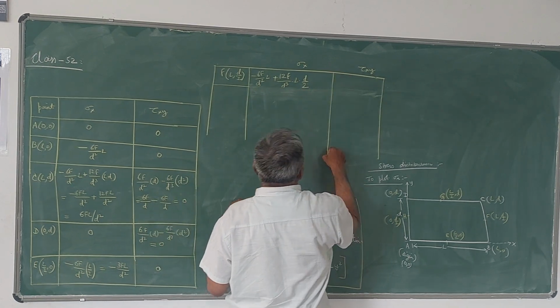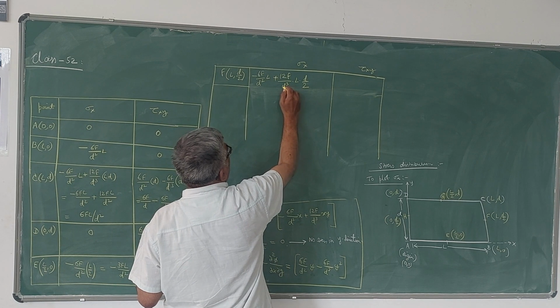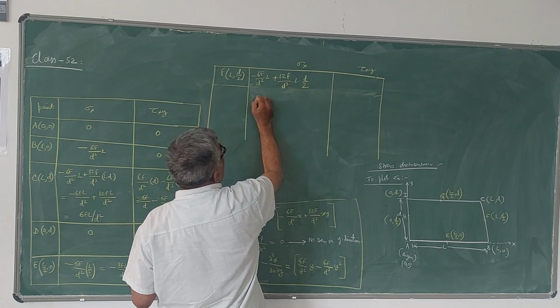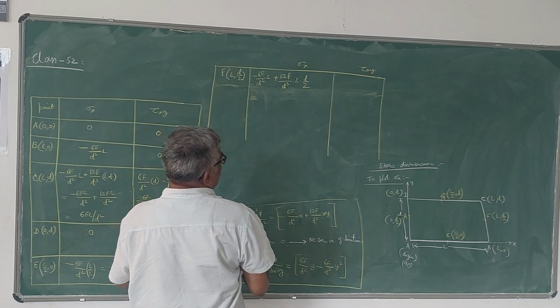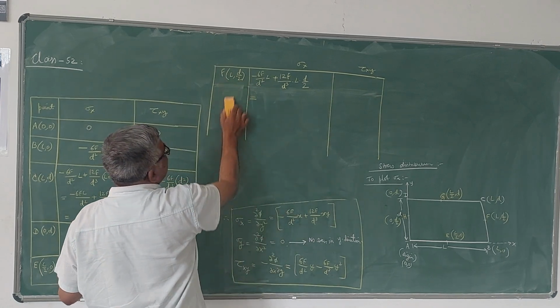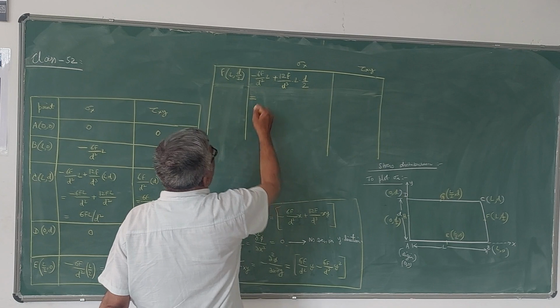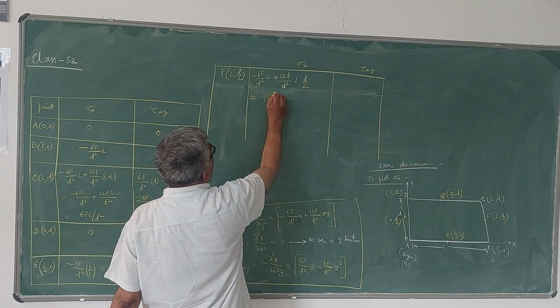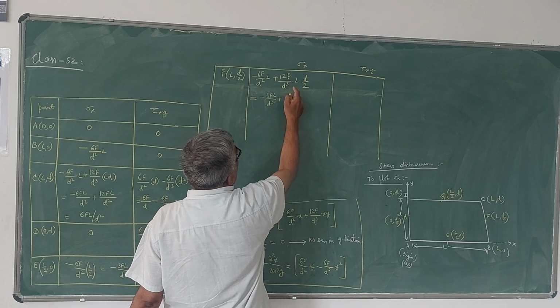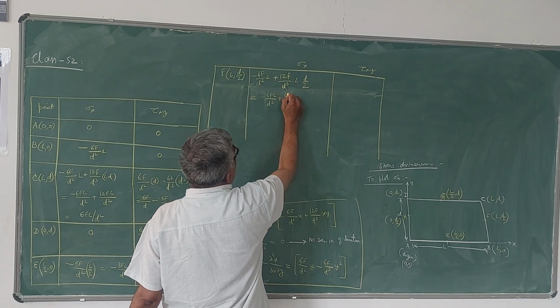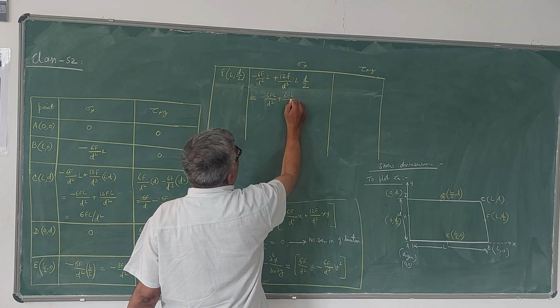So what is the step? Nothing special. You go on doing like this. Just simplify this. What you will get, you write. If you simplify this, minus 6fl by d square plus 6fl by d square will get cancelled.